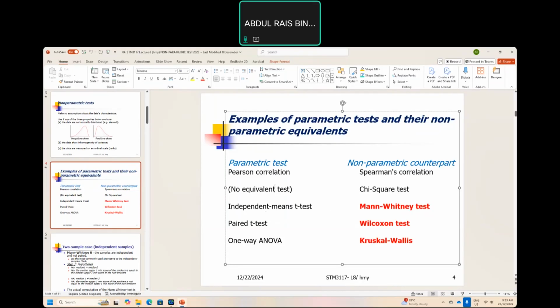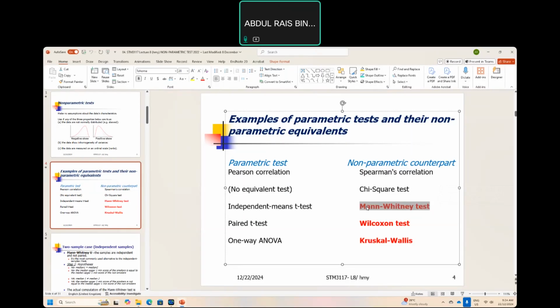As for the independent t-test, we are comparing means between two groups. If somehow your data is not normally distributed, your alternative will be to do the Mann-Whitney-U test. It is for not normally distributed data, but it's not actually a comparison of means between groups.